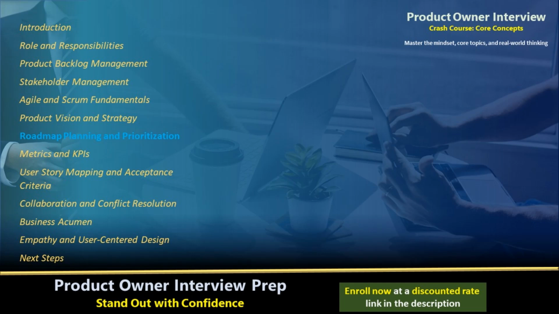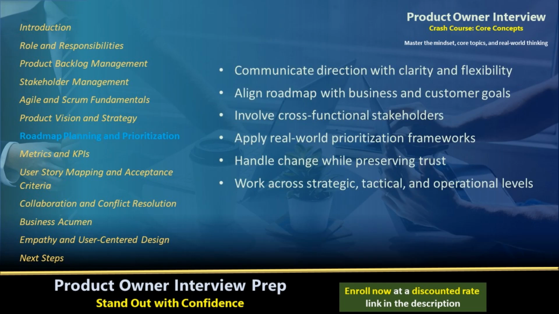Roadmap planning and prioritization. A roadmap isn't just a timeline of features, it's a strategic communication tool that helps everyone understand where the product is headed, why this direction matters, and what the value is expected at each stage.